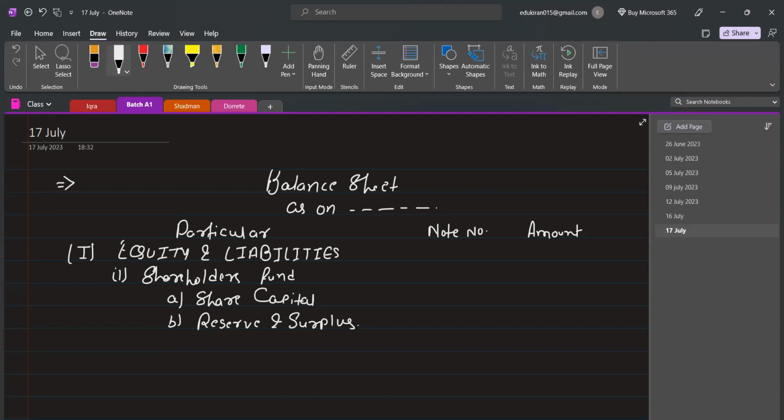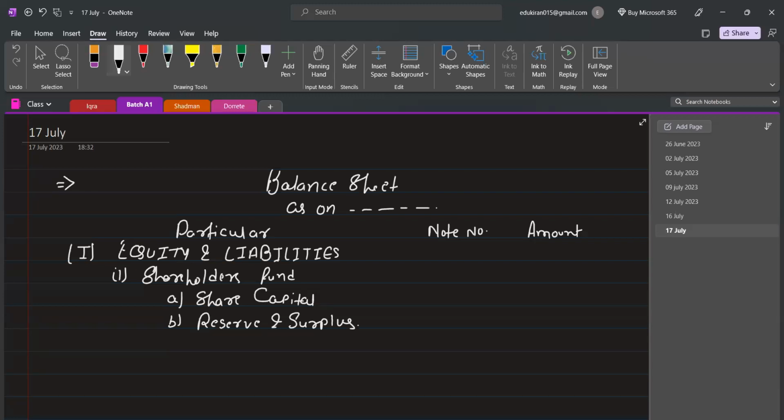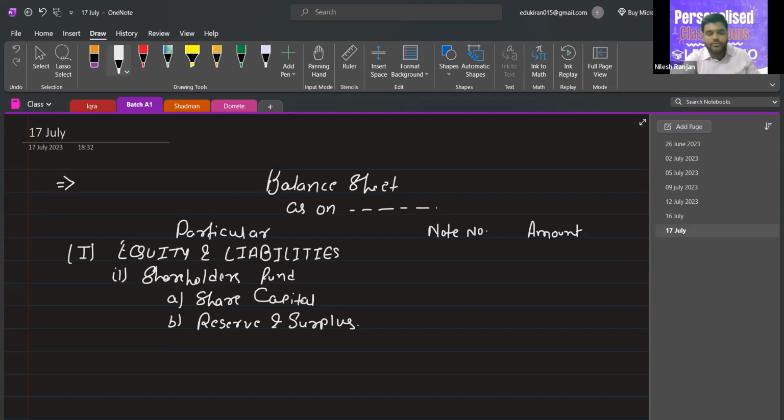Okay, sir. So there are different types of reserves. Some are related with certain items and some are not related with anything. So these are generally related with uncertain items. Like when we talk about general reserve, it is not related with any item of the balance sheet, and the objective of this reserve is also not specified.